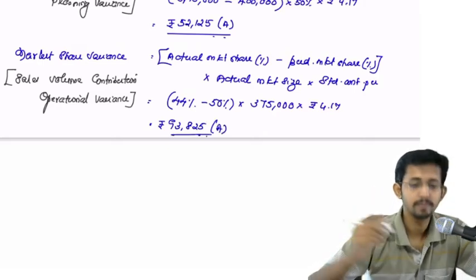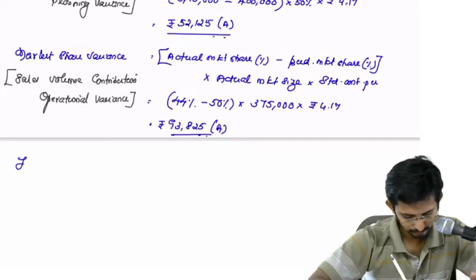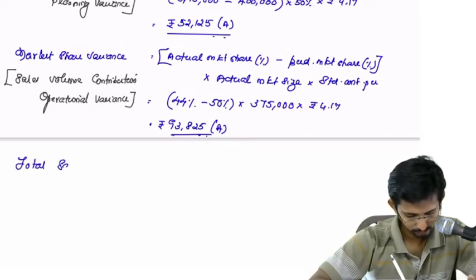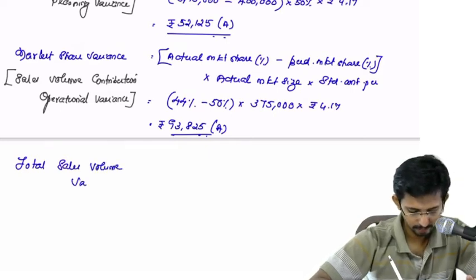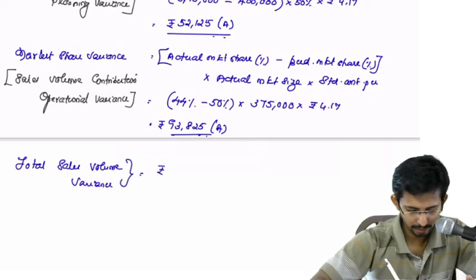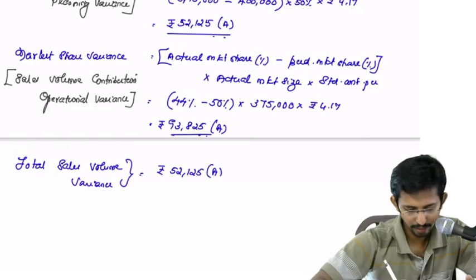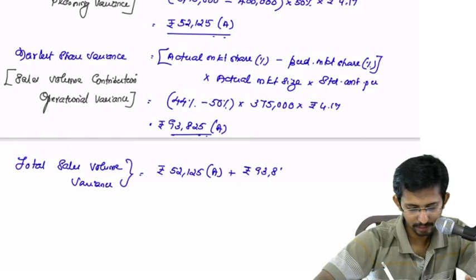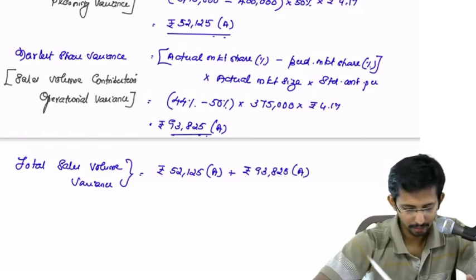So, is it clear? So, your total sales volume variance is equal to rupees 52,125 adverse plus 93,825 adverse.